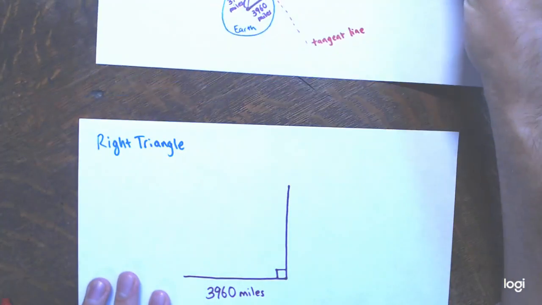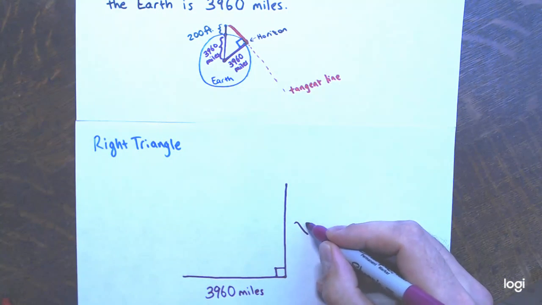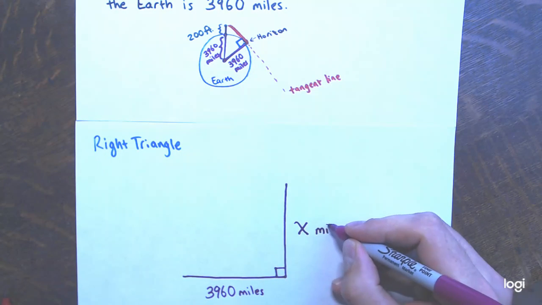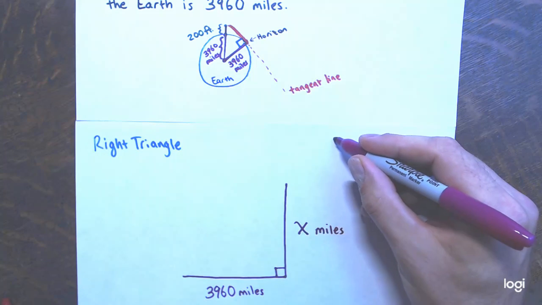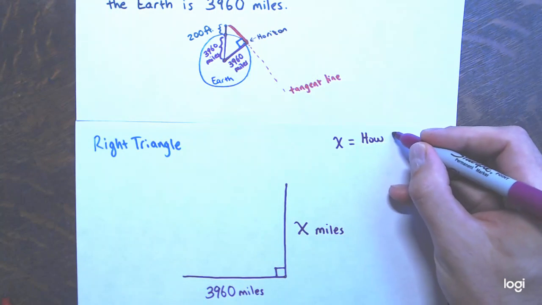So let me call that something, just like any word problem. I'm going to call this x miles. Let's just keep everything in miles, where x is how far the sailor can see.